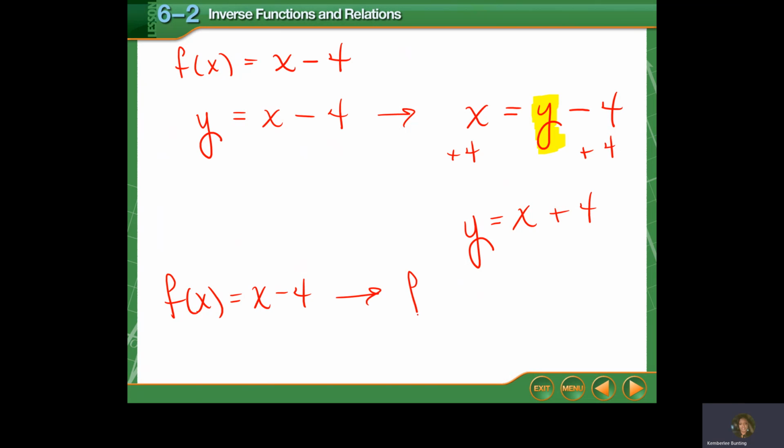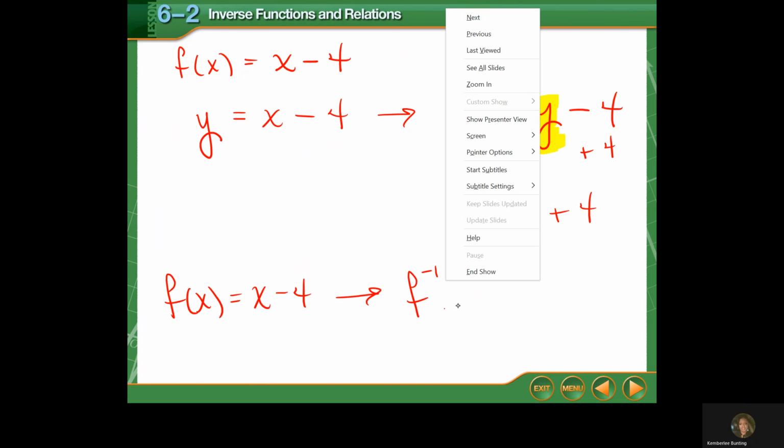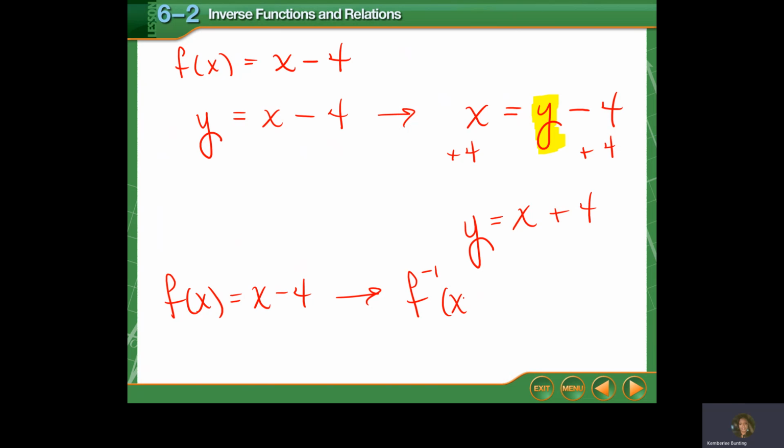And we just found that f inverse of x is equal to what? x plus 4. It's a very simple example. Will it get more involved? You bet your bottom dollar. But let's just start off with something simple, shall we? Did that process make sense? This is what we're about to be doing all day.